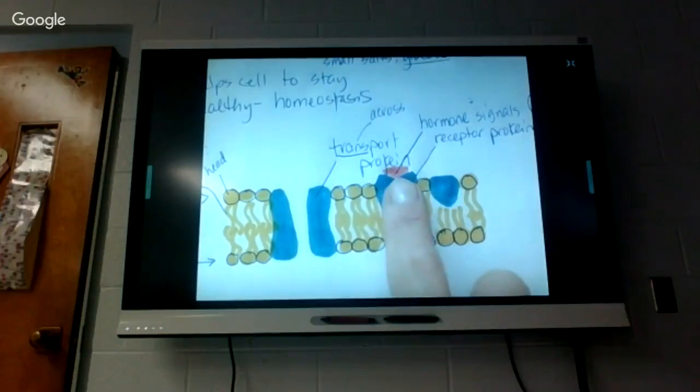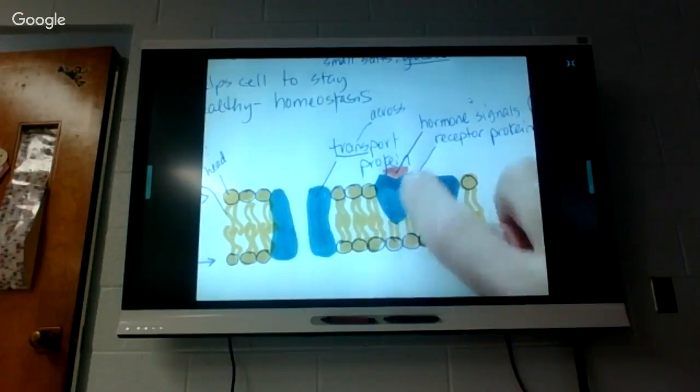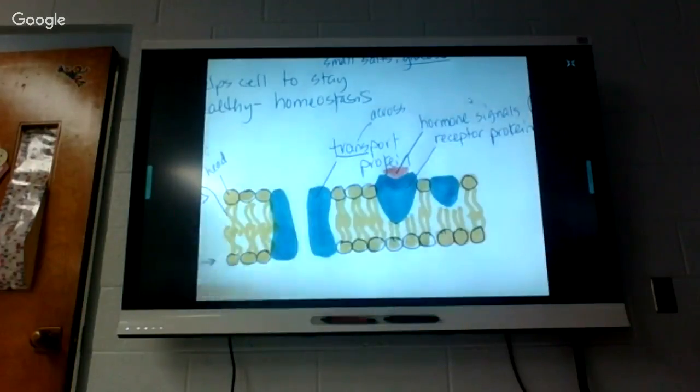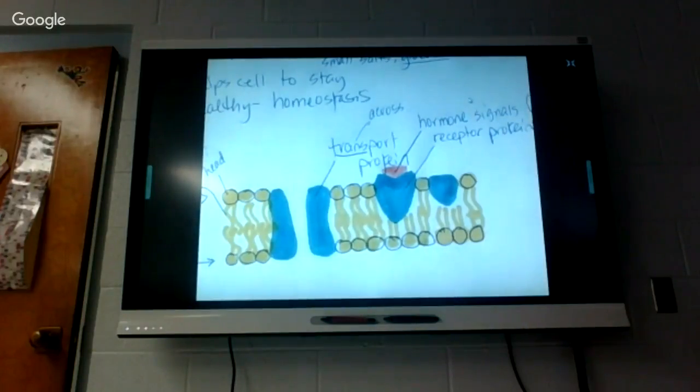So insulin locks on there and says, okay, take up the sugar. If that insulin doesn't lock in like this, that sugar stays outside in the blood, and those cells don't get their food. So this is the inside of the cell. Okay, this is the outside. Now that's kind of a wild concept.